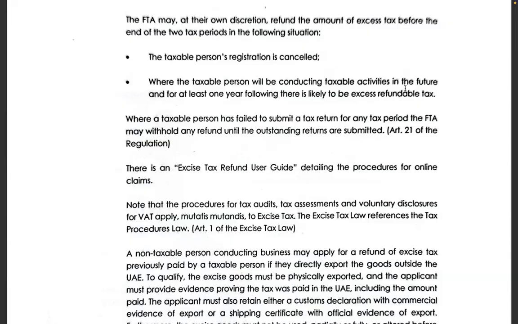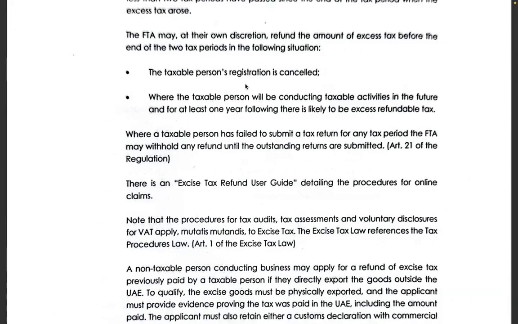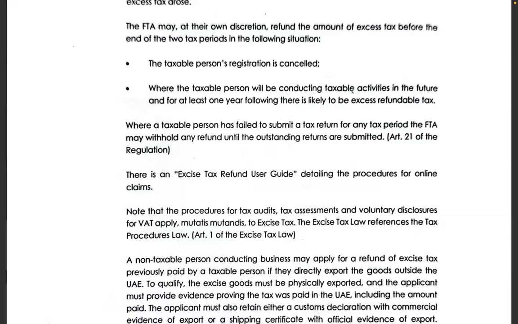Or, where the taxable person will be conducting taxable activities in the future, and for at least 1 year following there is likely to be excess refundable tax. Then the FTA may make the refund before completion of the 2 tax periods.